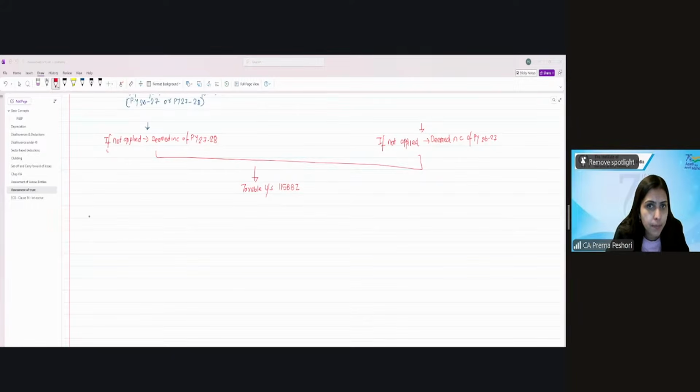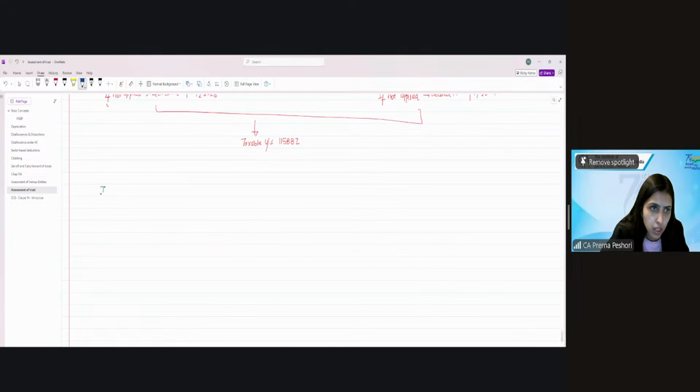Are we getting this particular point? So, if the trust is not able to apply the income, it has the option to accumulate the income in the mode specified under section 11(5).